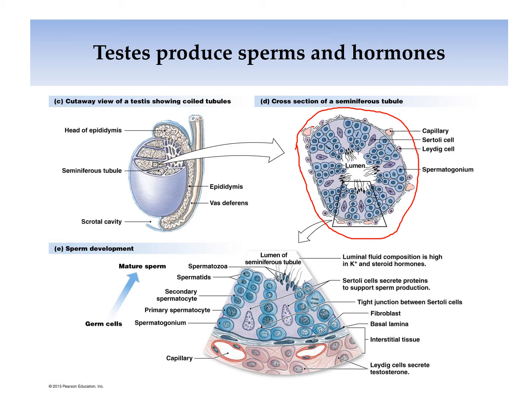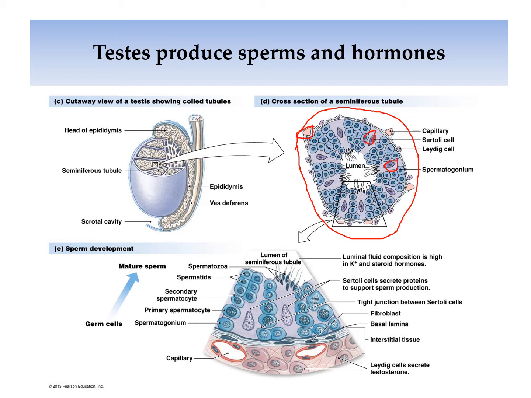Number one, you have some capillaries, because you need blood, nutrients and oxygen to be provided to these cells. But what you have here are the Leydig cells, the Sertoli cells, and between two Sertoli cells you will have the spermatogonium, which is essentially the precursor stem cell to make your sperm cells, as you can see here.